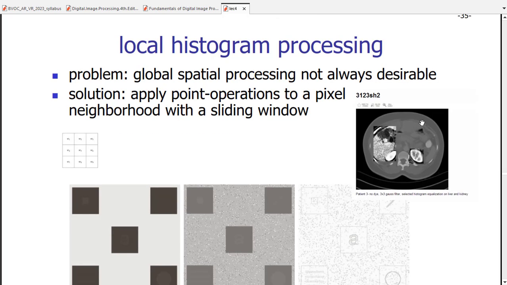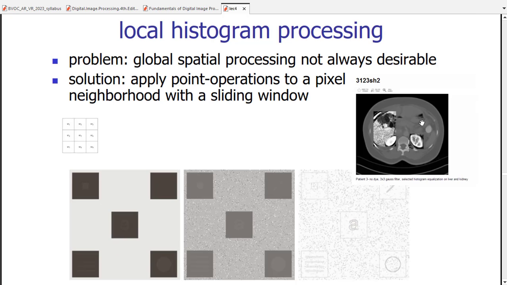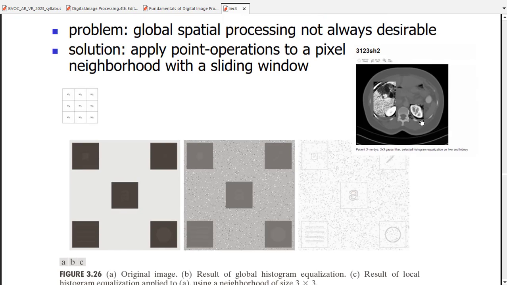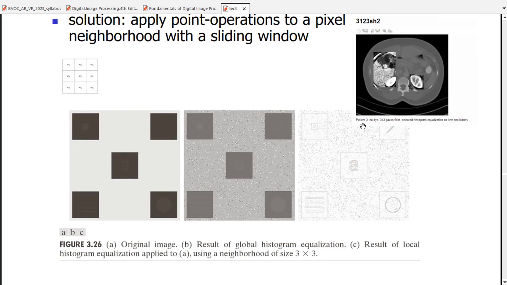Local histograms. The problem is that global spatial processing is not always desirable. The solution is to apply point operations to a pixel neighborhood with a sliding window. Here is the original image with different windows, window 1, 2, 3, 4, 5, 6, 7, 8, 9.